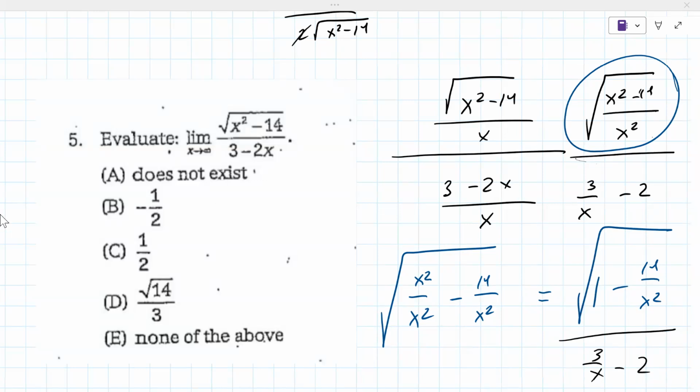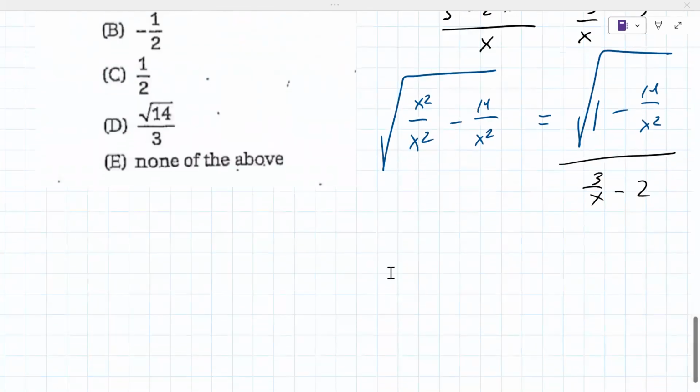So now when you take the limit, when x goes to infinity, what happens to 14 over x squared when that goes to infinity? It goes to 0. So the top becomes just the square root of 1. And the bottom, what happens to 3 over x when x goes to infinity?